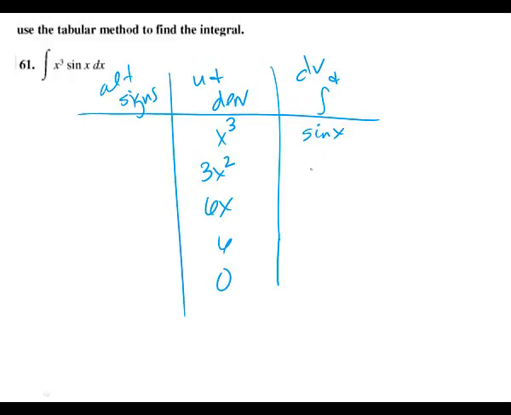Good. So now remember we're integrating. When we integrate sine x, what do we get? Good. When we integrate negative cosine x, we get. We integrate negative sine x, we get negative negative cosine, right? Which makes it positive. And when we integrate cosine x, we get.